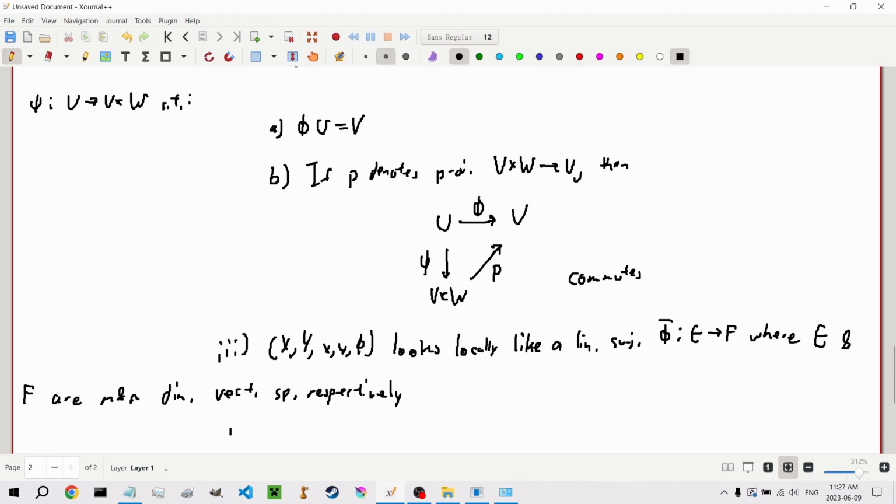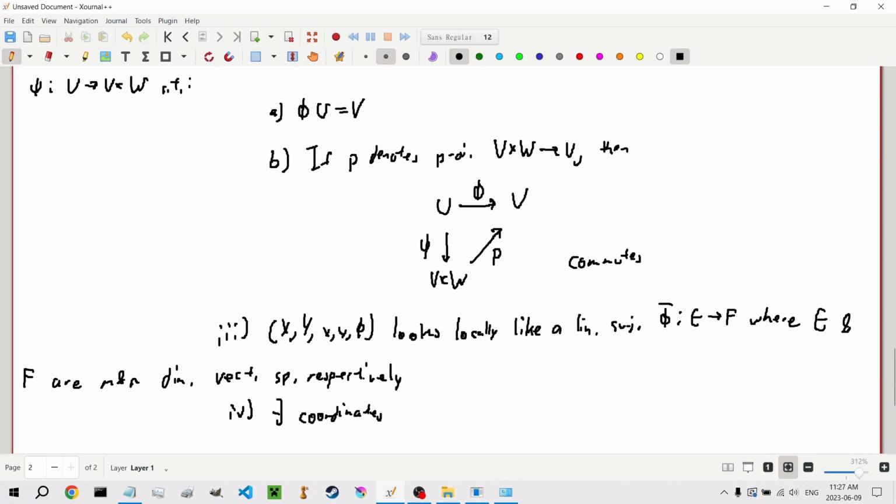Number 4, we have coordinates F_i at x and G_j at y, such that F_i is equal to G_i composed with phi for i between 1 and n.